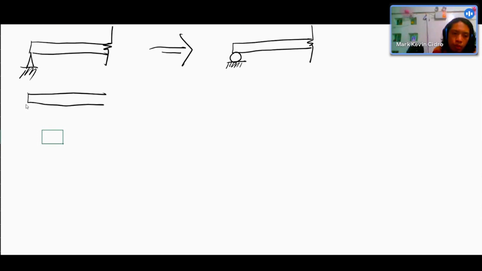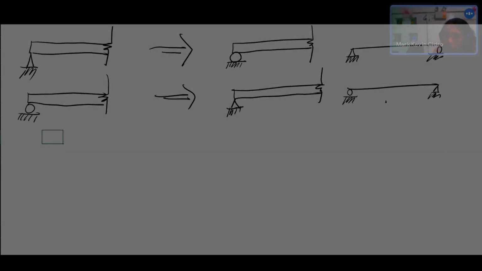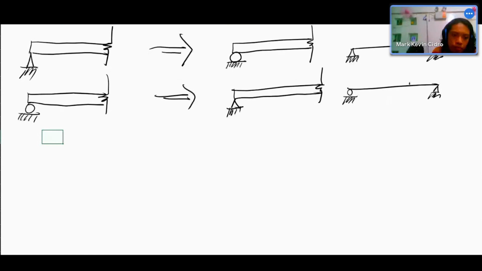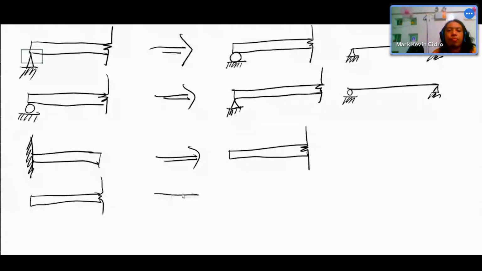If the given beam's support is a roller, the conjugate beam's support is a hinge. So if you have a simply supported beam, the conjugate is the same; you just convert it. If you have a fixed end, it becomes free. Fixed becomes free, and a free end becomes fixed.